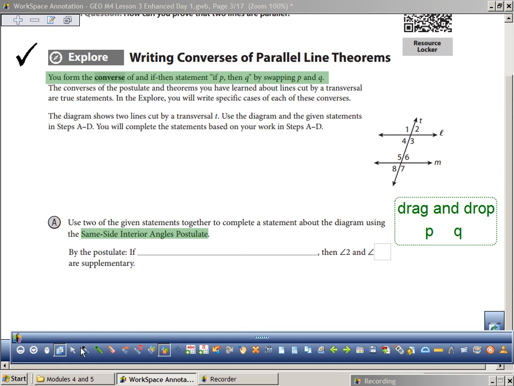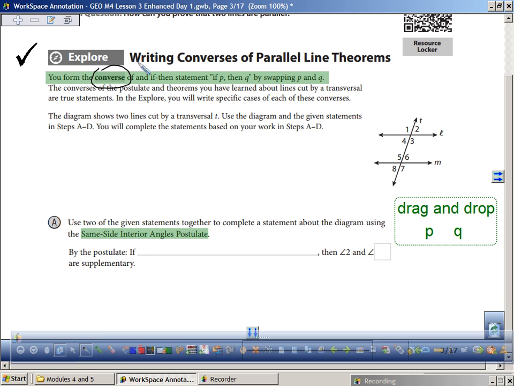Let's drag and drop. Okay, so you form the converse of an if-then statement.